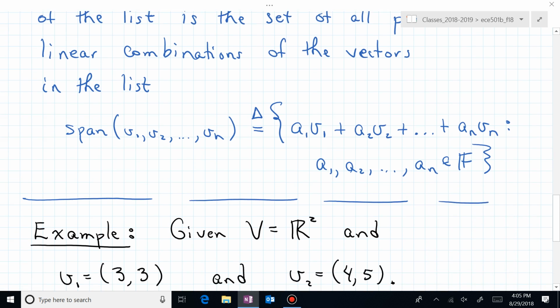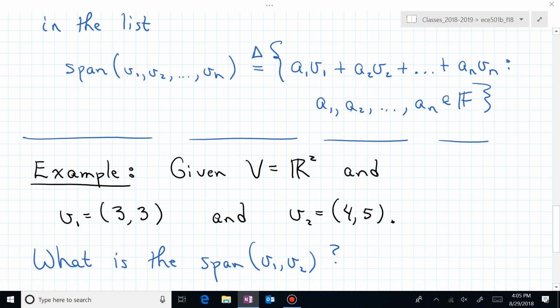To provide a visual for that, let's consider the following example. Suppose that we're now given a list consisting of two vectors, v sub 1 and v sub 2, and the underlying vector space is R2.